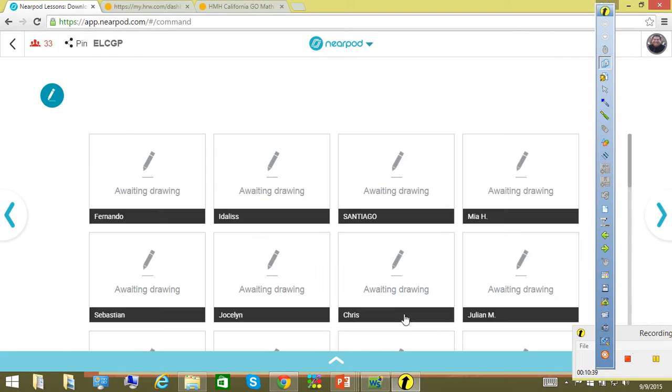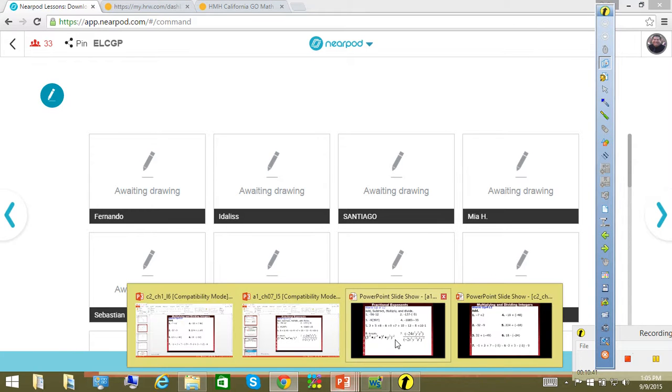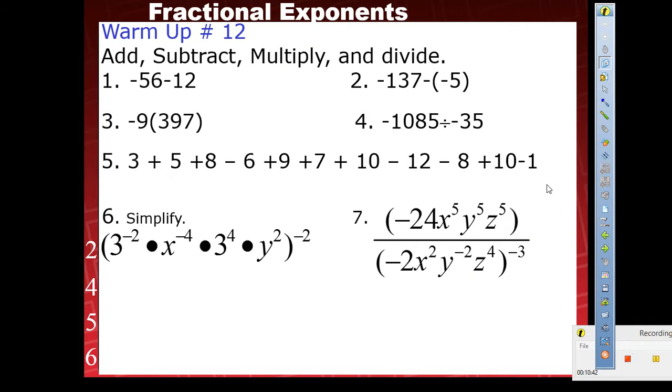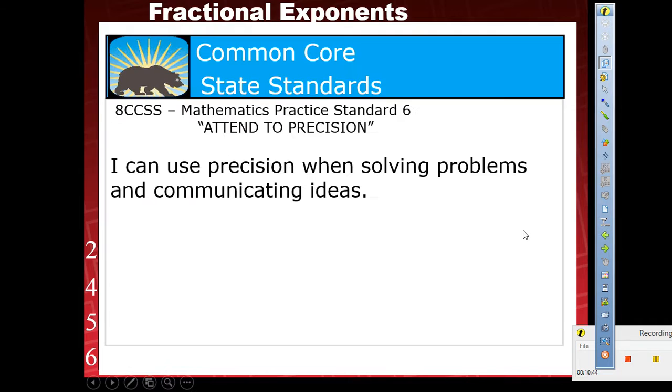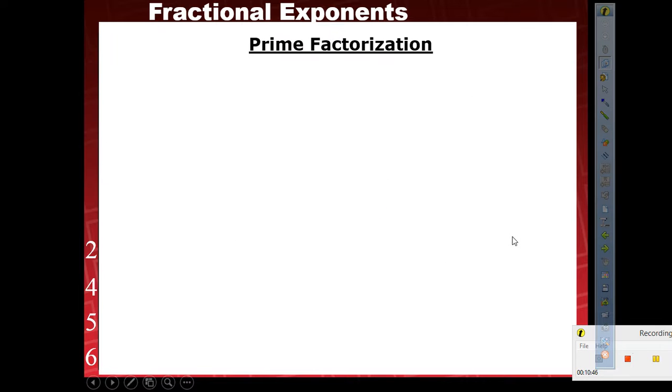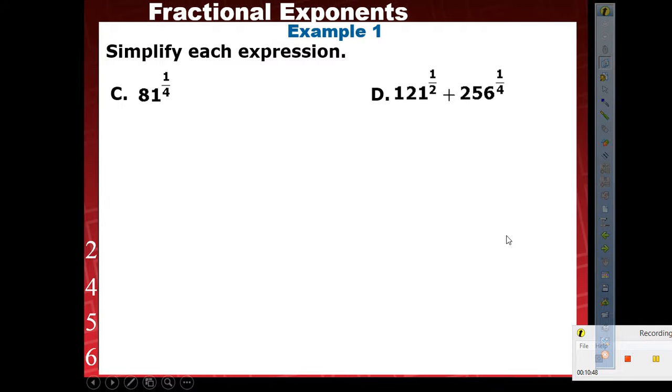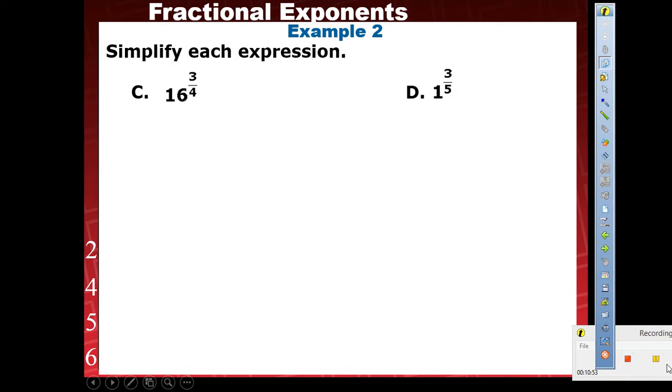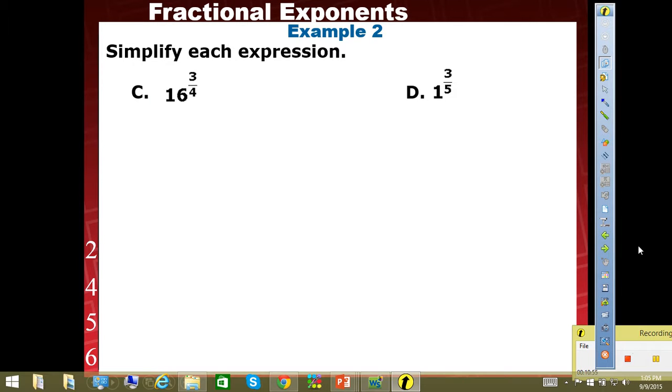Make sure you lock your screen. I mean your toolbar. Copy that and do them by yourself. Go.